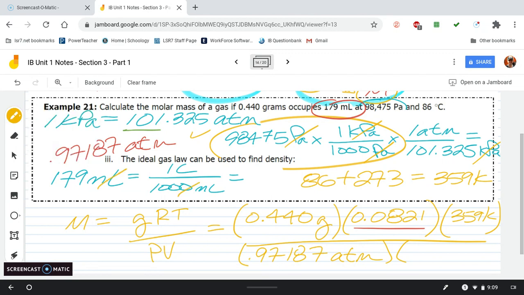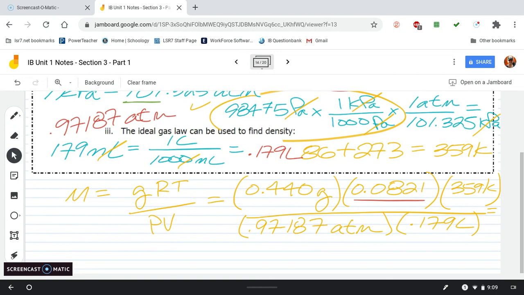And there we go. And so just move the decimal 3 spots to the left. So 0.179 liters. And we'll go ahead and put that right here. Now we can go ahead and do the math, and then we will be set.